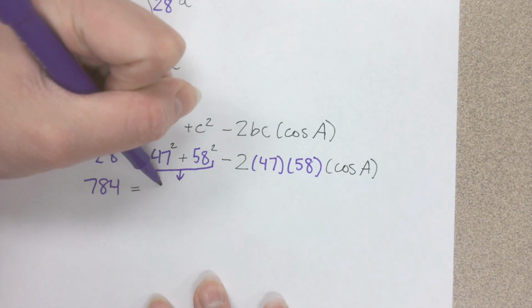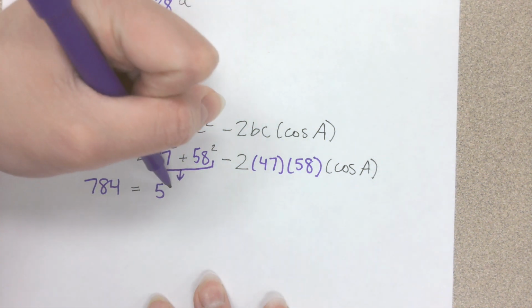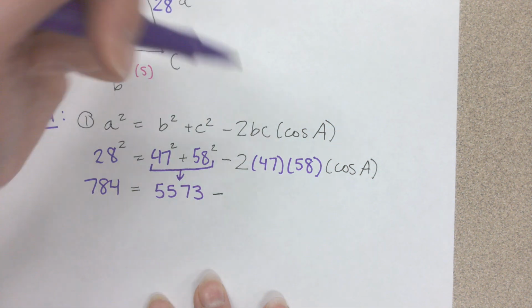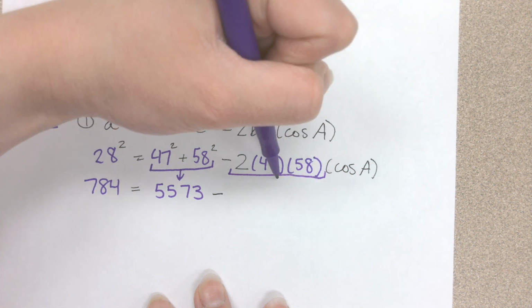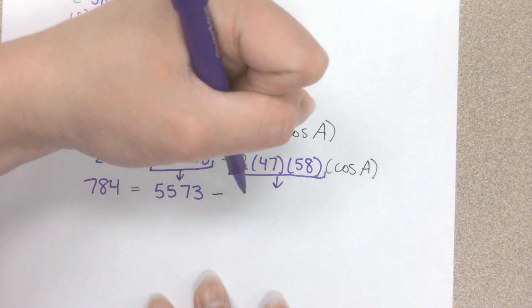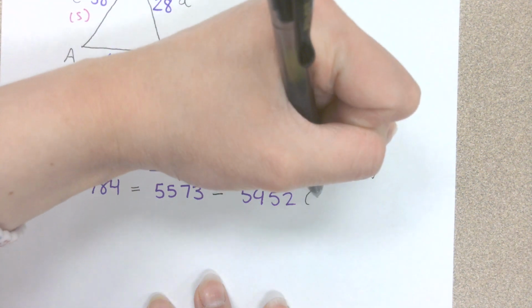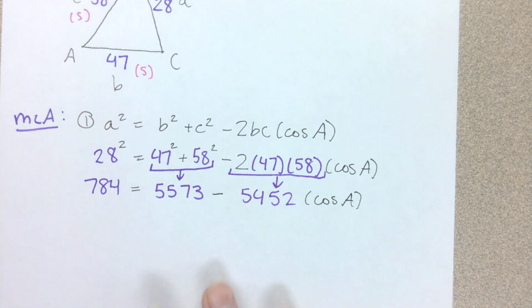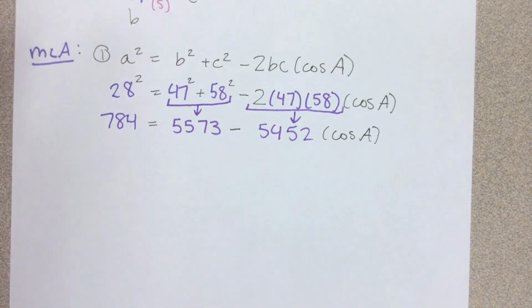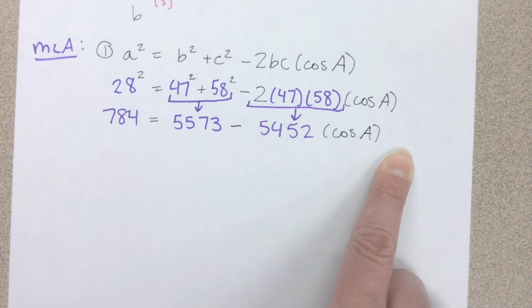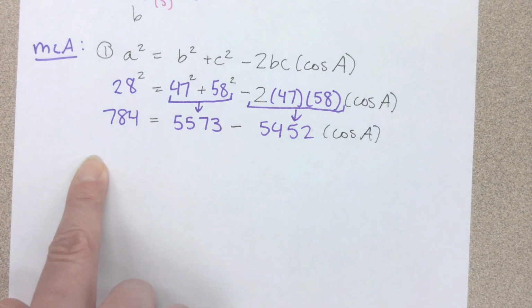That in total gives you 5,573 minus, and then 2 times 47 times 58. That's 5452 cosine of A. Again, fight the urge to subtract these two because this one's attached to cosine of A. So we need to move this over to the other side.